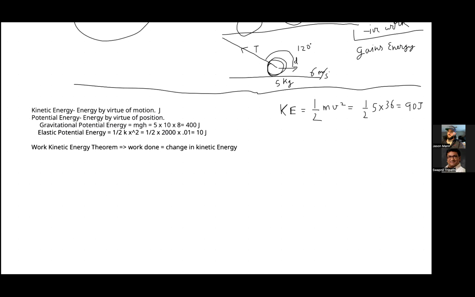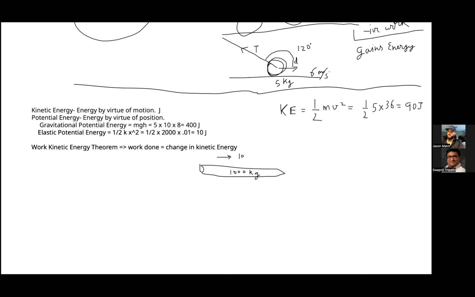What does that mean? Suppose you have a rocket and initially it has a mass of 1000 kg, and initially it is moving at 10 meters per second.